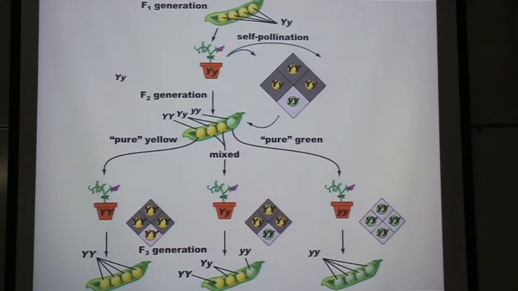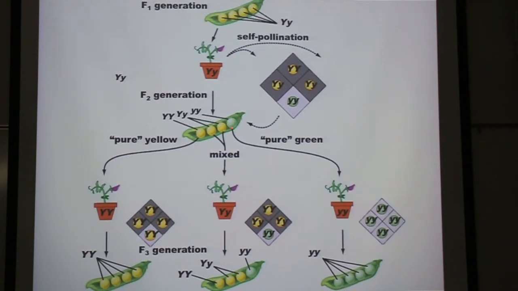If I self-pollinate that plant, in other words, I take the sperm from the pollen of that plant and fertilize the egg from that same plant, which is another thing you can't do very well with dolphins and mountain lions, right? If I self-fertilize that, what I get is the F2 generation.